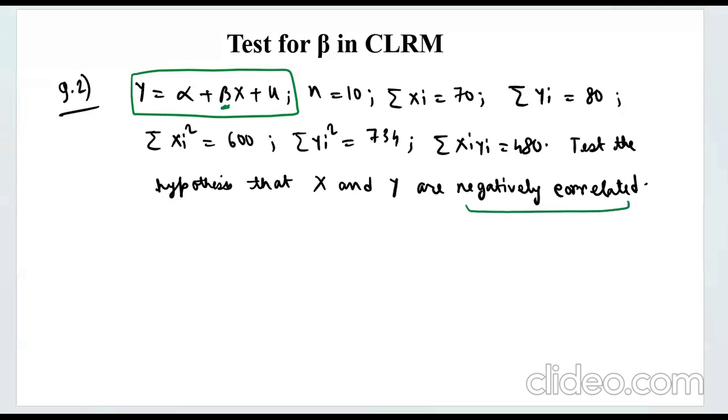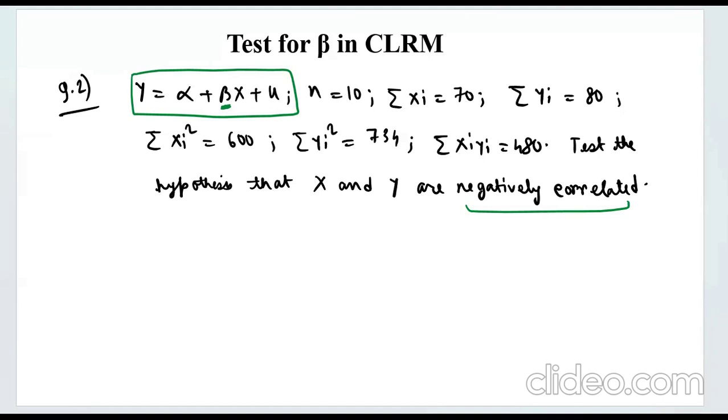So this question is not straight cut. It has given you this negative correlation thing so that you have to identify, reading the question, that yes, it means that you have to test the beta population slope parameter, right? You have to test this beta and see if it is statistically significant or not, and if it is less than zero or not, right?